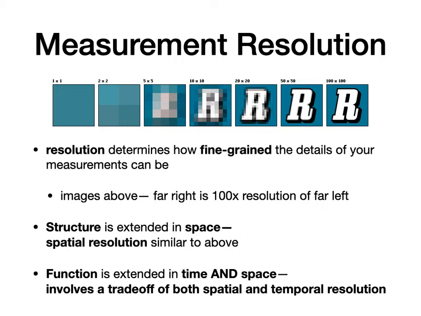In the images above, the far right is 100 times the resolution of the far left, which, if you look at it, is just 1 pixel. That's sort of the averaged color of the whole square, kind of smoothed into a goopy greenish, tealish something. Maybe blue, whatever. So it depends on how good your color vision is.